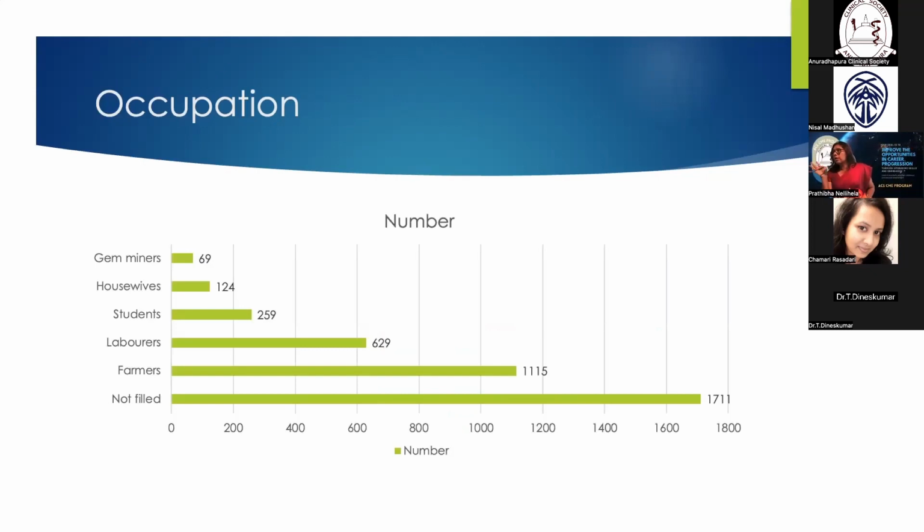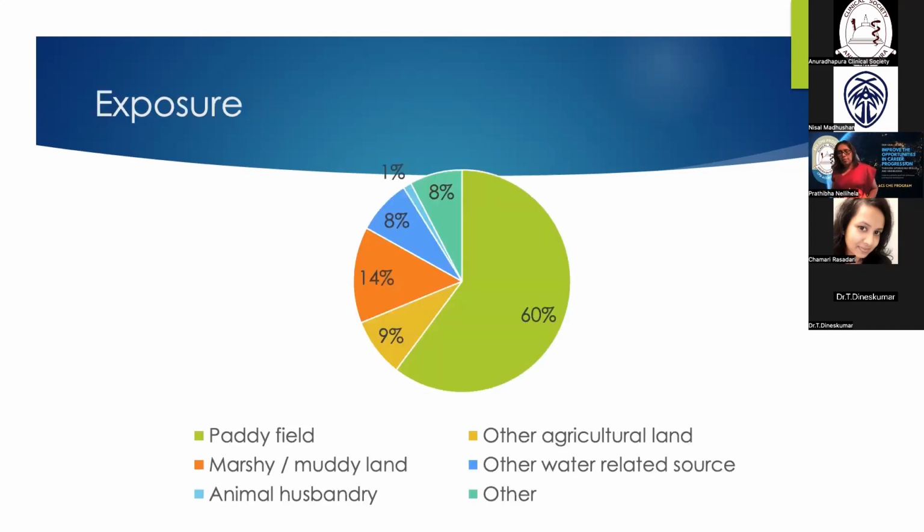And when you consider the occupation, this is for the entire country, not only for Anuradhapura. You see, it's basically laborers, then farmers, a little bit of gem miners, and some of the people have not filled the occupation because there were deficiencies in the special investigation forms. So from the data which is available, we can see most were laborers and farmers who were involved with the disease.